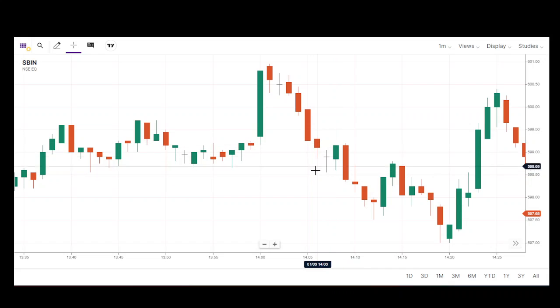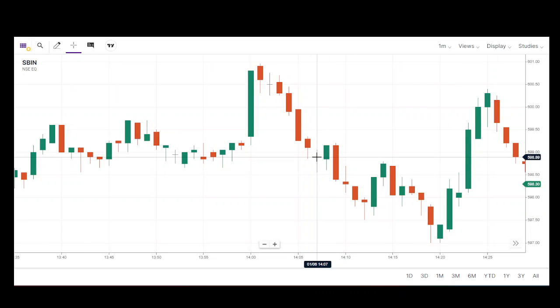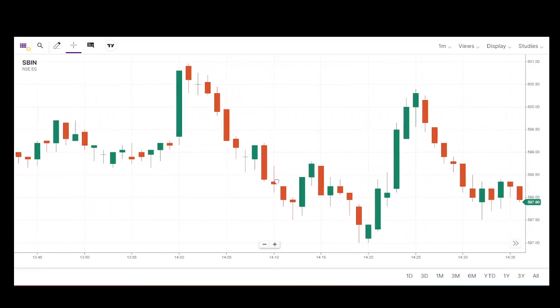What is the opening price for this candlestick? 598.89. What is the closing? The same thing. The highest price went up to 599.05, and the lowest price went down to 598.56. Here a doji is formed. We will discuss more about the doji candlestick later.